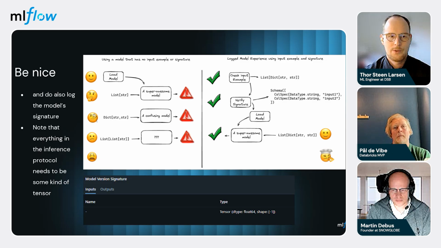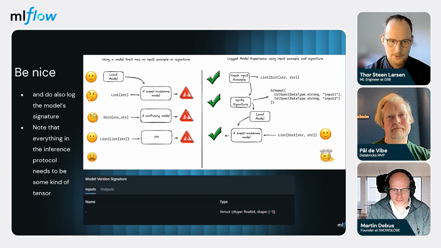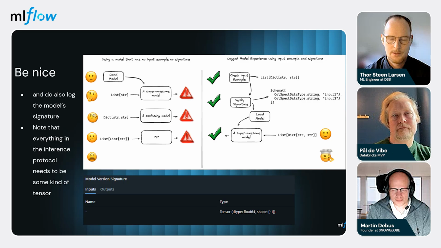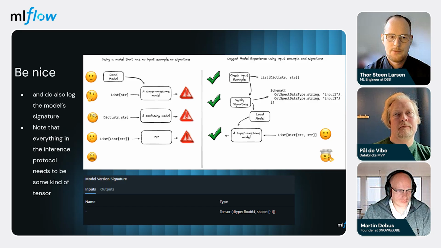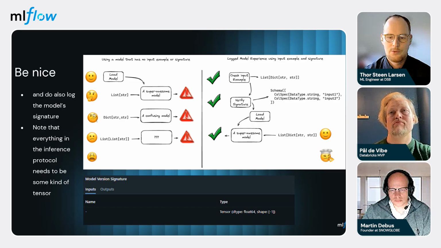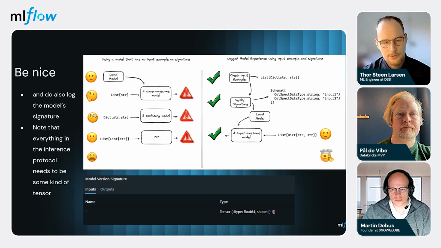And that's where you can be very nice to your colleagues and your future self: you can define the signature, or say the schema, of what the input should be and what the output will be. You can also put in an input example. So that's very nice. You need to, of course, still adhere to the inference protocols.